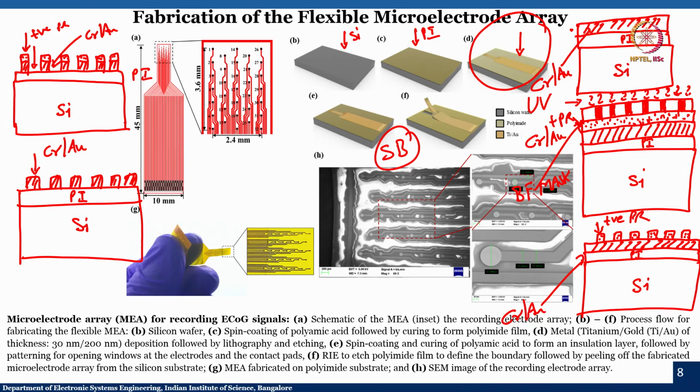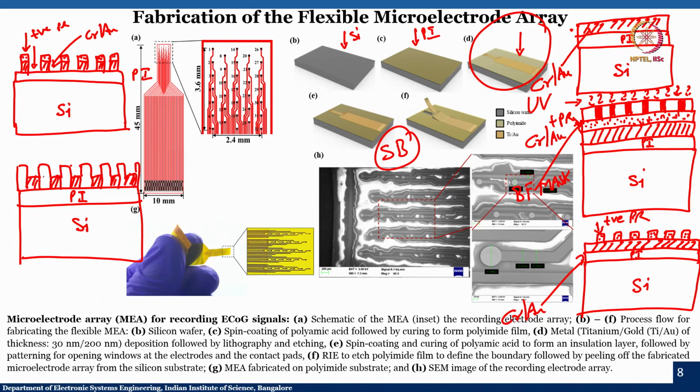Now, what you do? Once you have it, you again coat PI, again coat polyamide everywhere, and then you only open contacts at the required region. So, what does that mean? You only open contacts in the required space, like this. Okay.